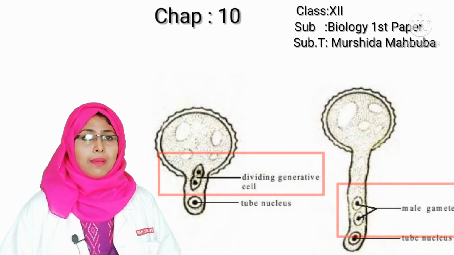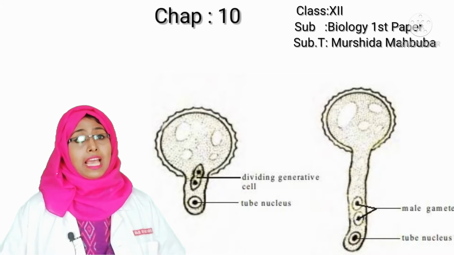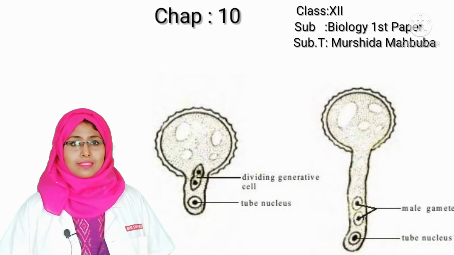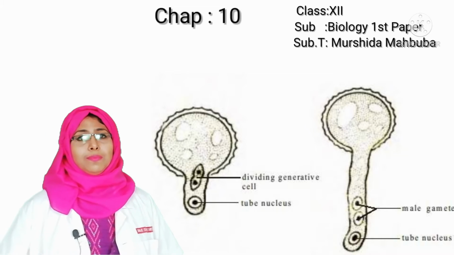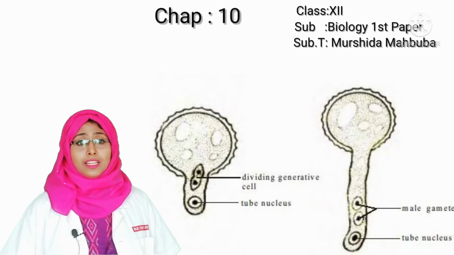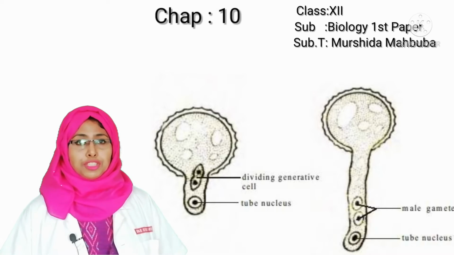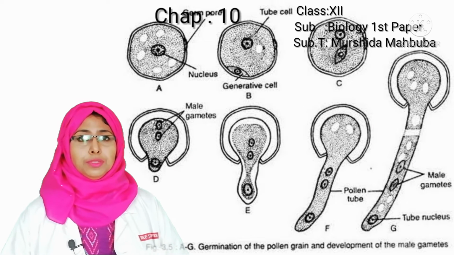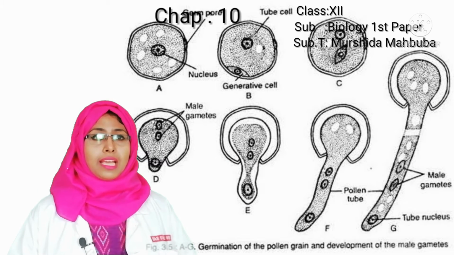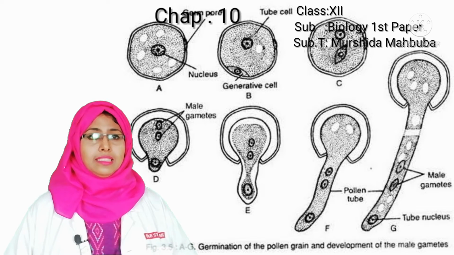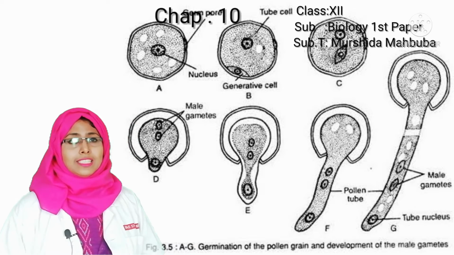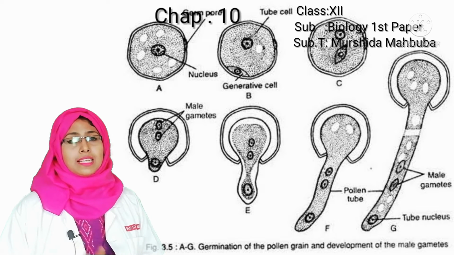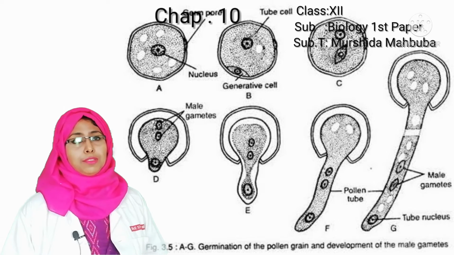The male gametes are non-motile and amoeboid. They are slightly unequal in size. Such a pollen is called a three-celled pollen or mature male gametophyte. The function of the pollen tube is to carry sperms. This pollen grain with pollen tube nucleus and sperms is called the male gametophyte.